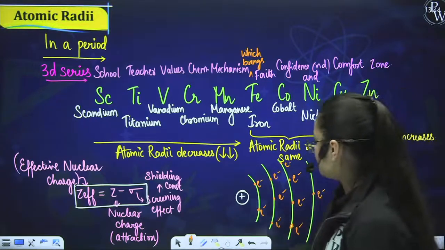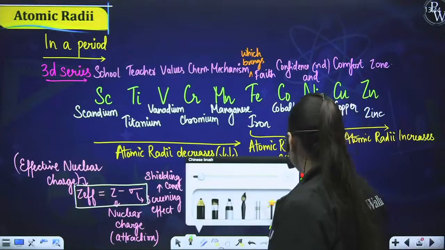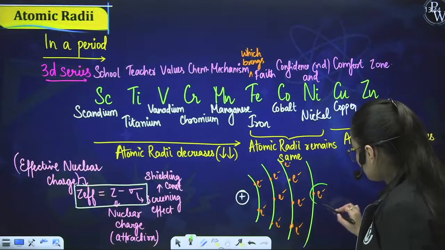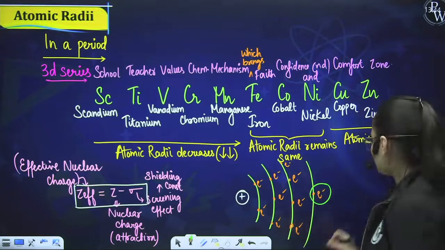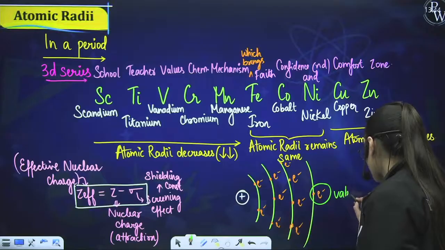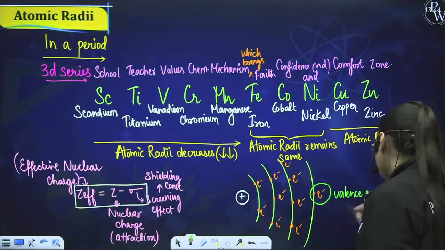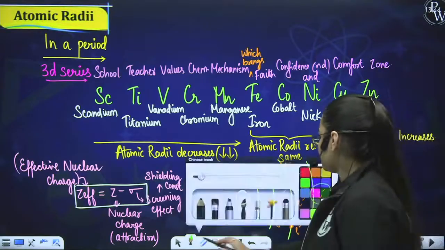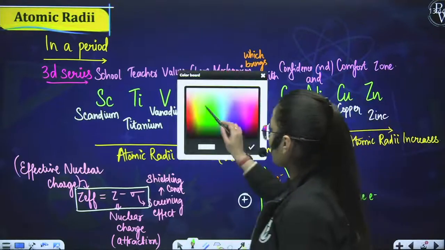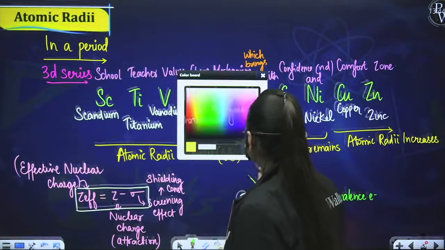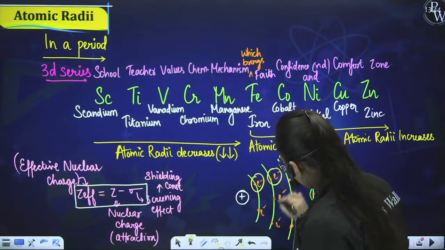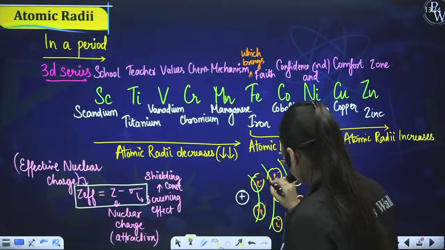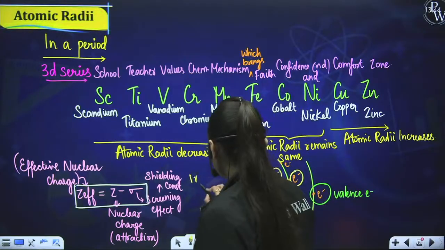Now understand this concept very clearly, it is very easy if you see what is present over here. This electron which is present in the outermost shell is referred to as valence electron, right? These electrons which are present inside are referred to as innermost electrons.